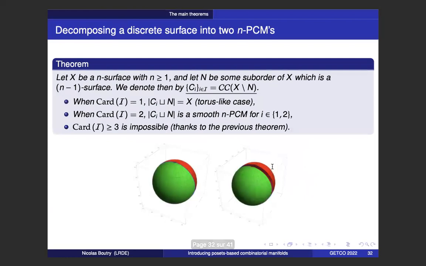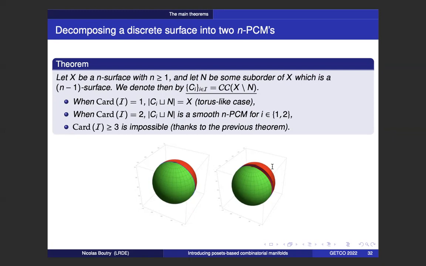We have another theorem, which is in some way the converse. The question is, we take a sphere in the sense of a poset, which is a smooth n-PCM. We cut this sphere everywhere with an n-1 surface. We will obtain either one component, for example, a torus. If you remove the handle of a torus, it is still one component. Okay, if you have one component, it means that we have a torus.